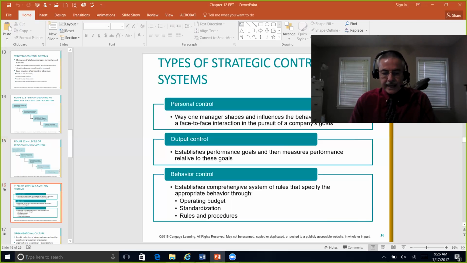That could be just-in-time inventory, the appraisal process, or how they go about their production processes.